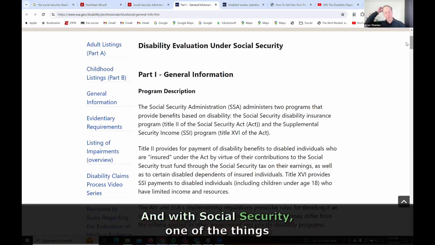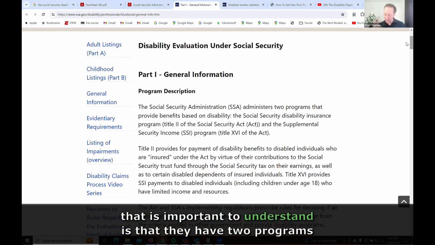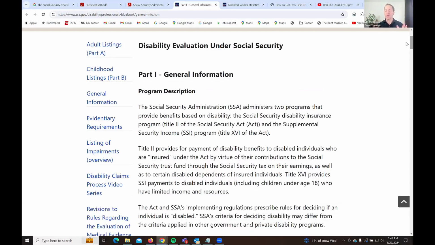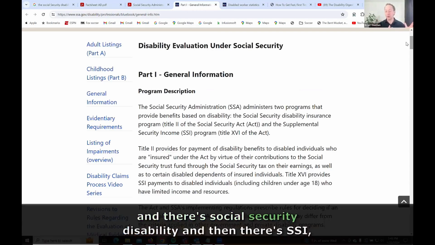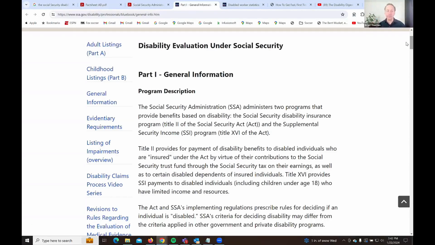And with Social Security, one of the things that is important to understand is that they have two programs: there's Social Security Disability, and then there's SSI, which is Supplemental Security Income, also known as welfare.